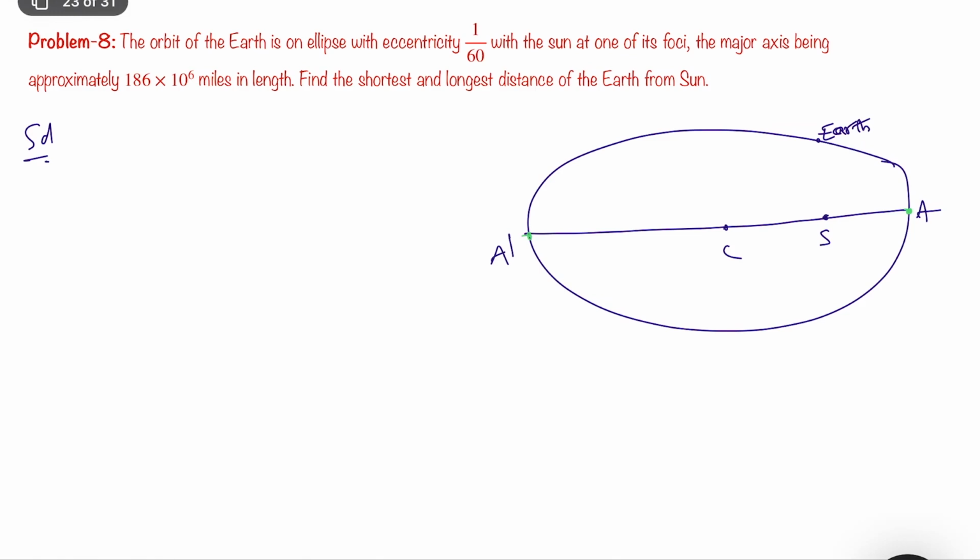That means when Earth is at this vertex A, we will have the shortest distance from Earth to Sun. When Earth is at this vertex A dash, we will have the longest distance from Earth to Sun. Okay, and we also know that this SA is actually a minus ae, and this SA dash is actually a plus ae.